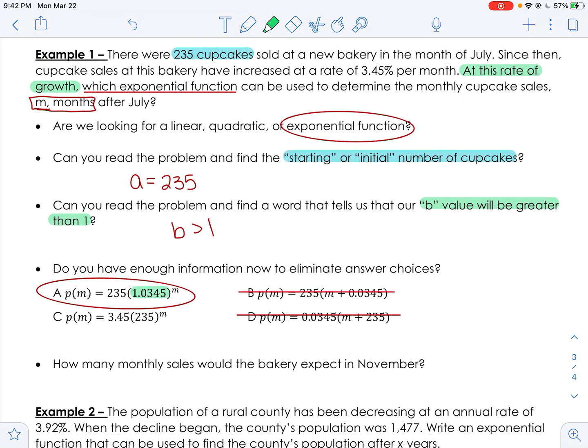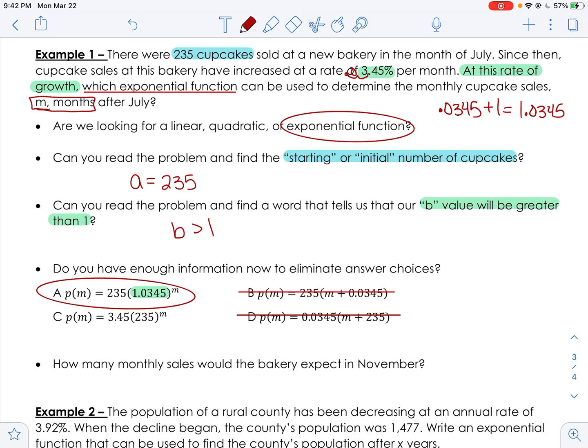If we take a look at this percentage right here, we moved the decimal 2 places to the left, 1, 2, and we got the new decimal of 0.0345, and all we did was add that to 1, and we got 1.0345. So that's how we got the number inside the parentheses.